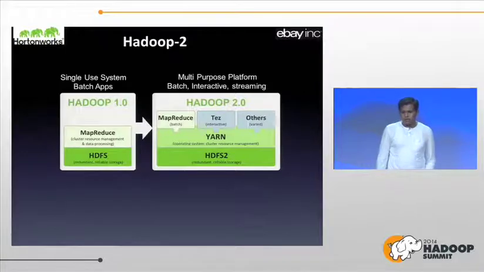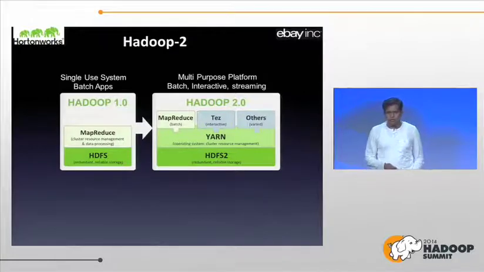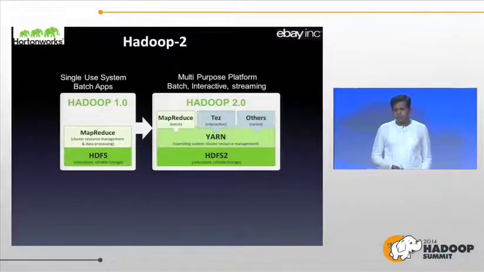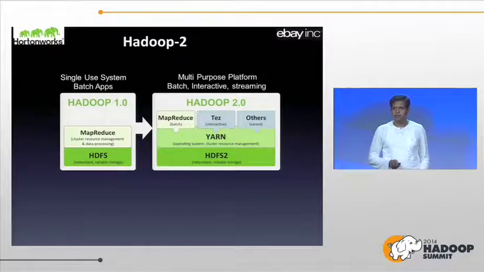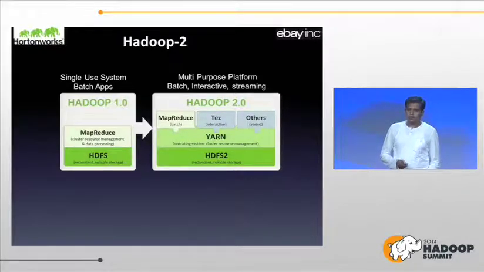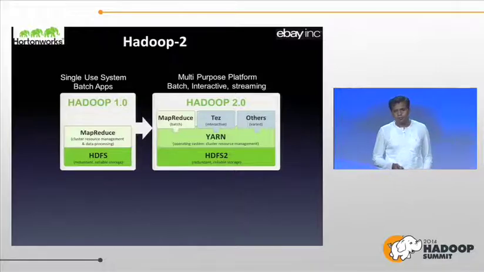But the paradigm shift is that now we have HDFS, YARN, and MapReduce. You can run other applications on YARN, like Storm and Spark. I think you have already attended many talks discussing how you can run so many other applications other than MapReduce. So this is the paradigm shift.